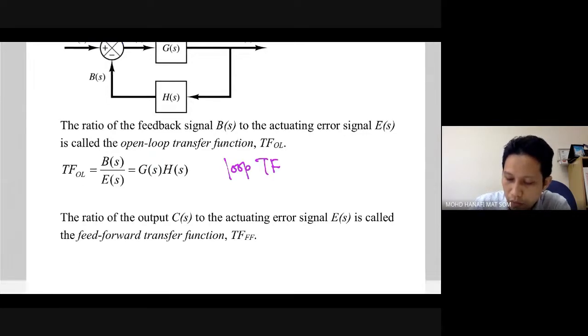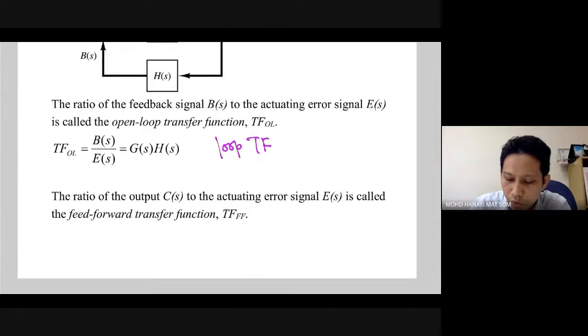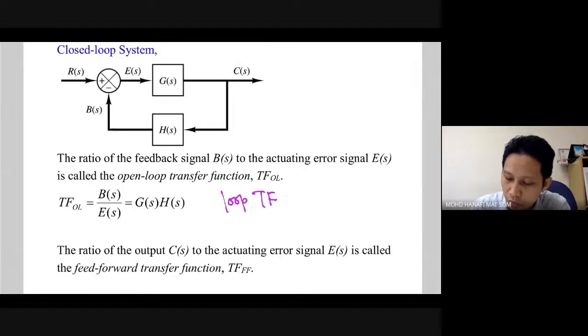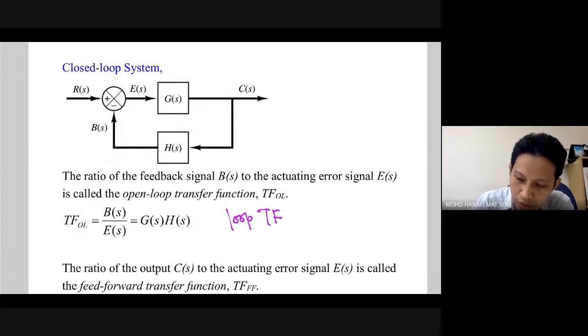And next one, the ratio of the output to the actuating error signal E(s) is called the feed-forward transfer function. So we only consider the C(s) and the E(s).